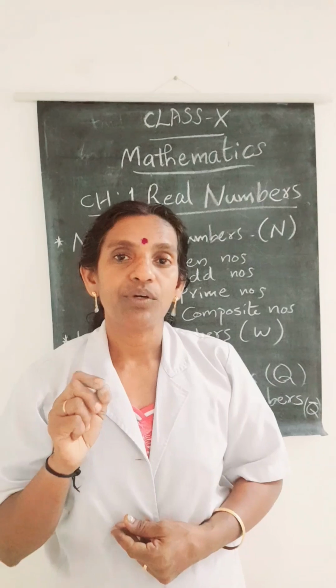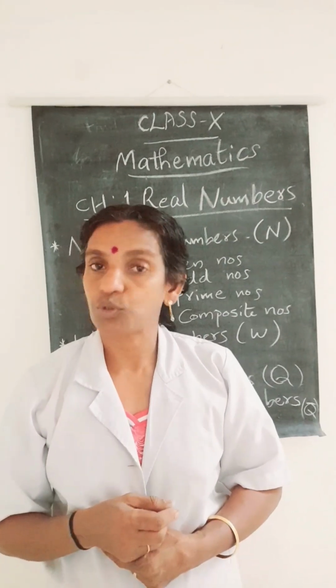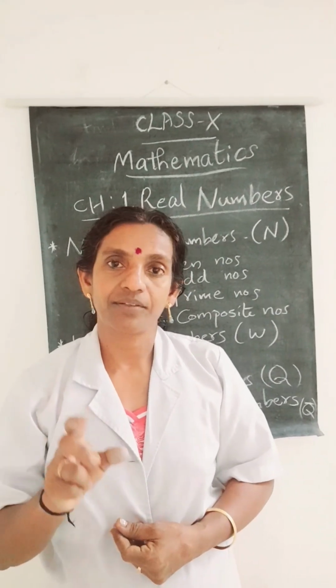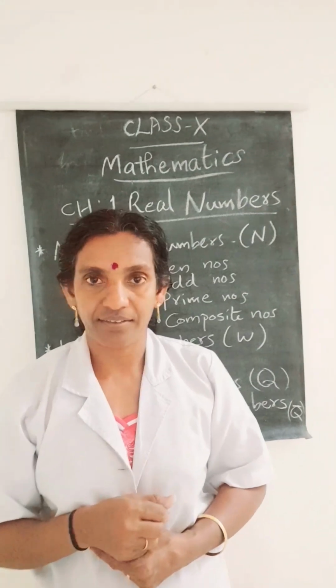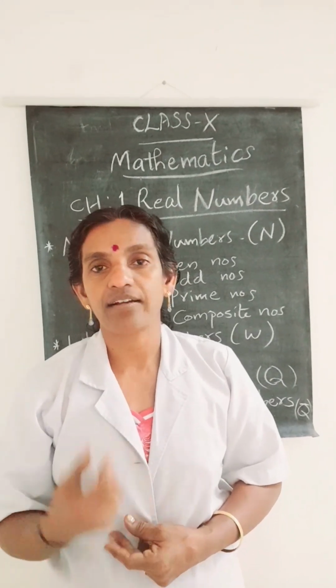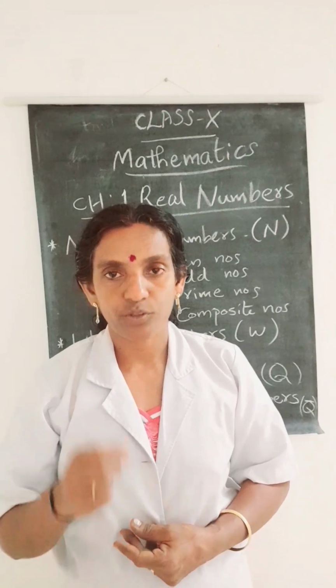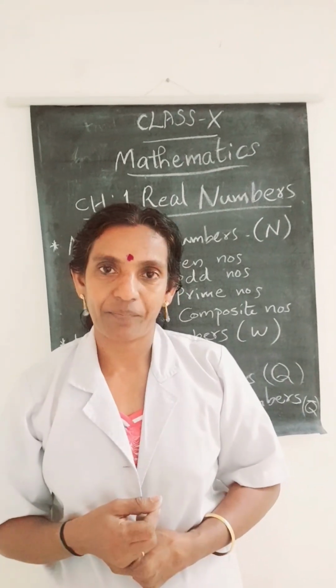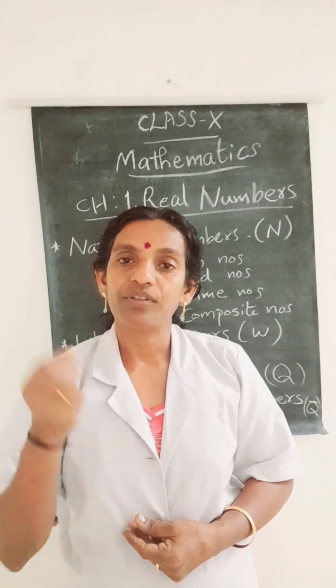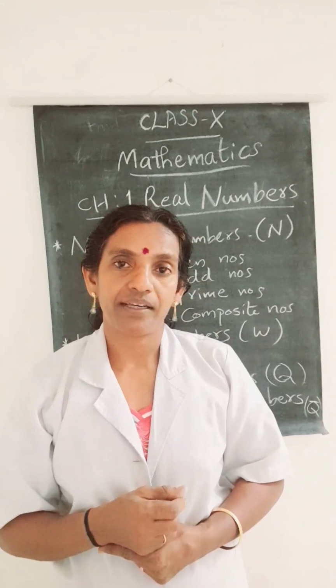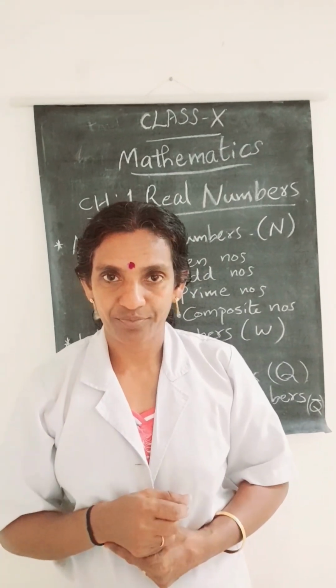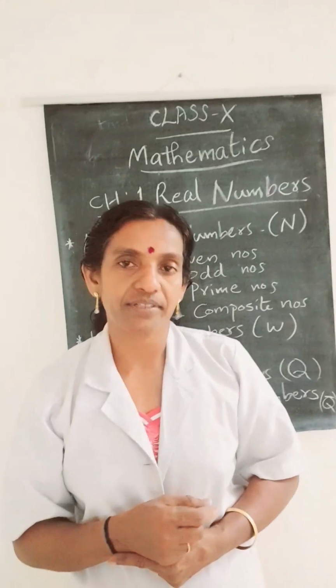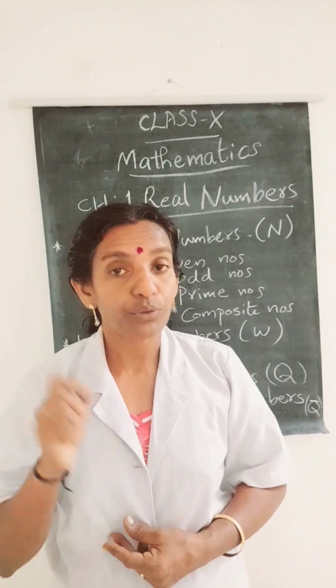Pi, you know, the value is 3.14 or 22 by 7. It is for convenience only. We are applying these values for convenience of our calculation. Actually, pi is irrational. Okay. Now, the rational numbers are represented by capital letter Q. And irrational numbers are represented by Q dash or Q bar.